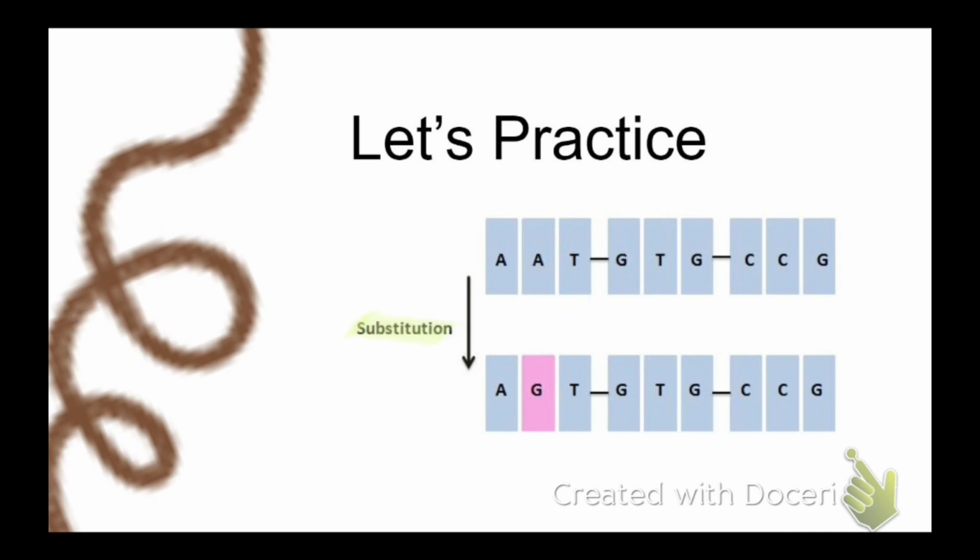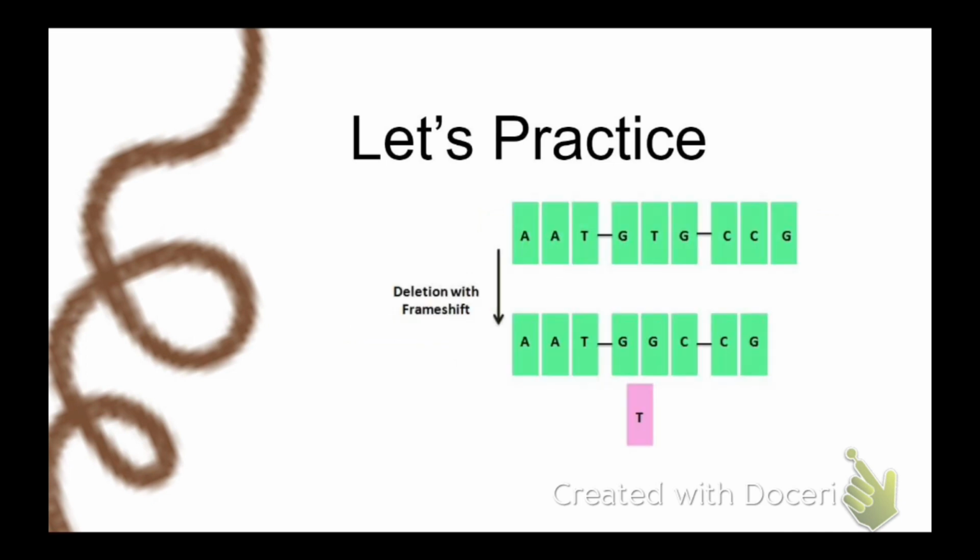Damien, what type of mutation is this? Try again. Phone a friend at your table. The deletion with frame shift. It's literally written beside it.